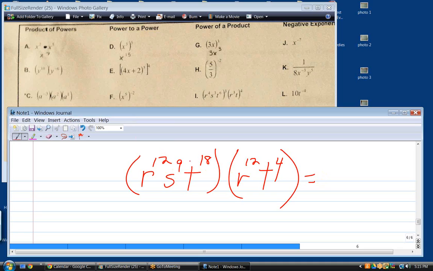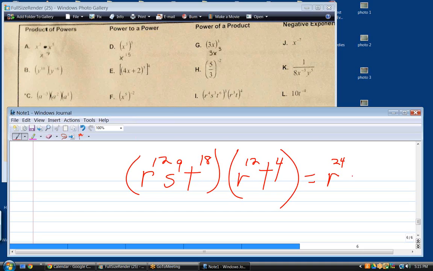What's r to the 12th times r to the 12th? R to the 24th. We're not multiplying the exponents because we're multiplying the bases. So always remember you're going to do one level less. Addition is one level less than multiplication.